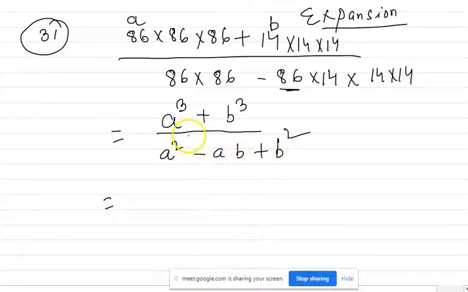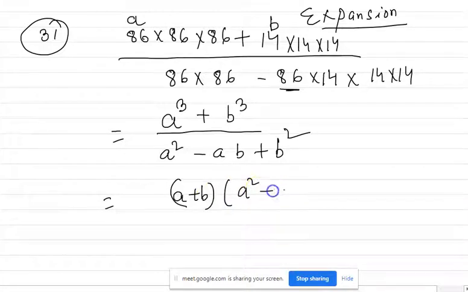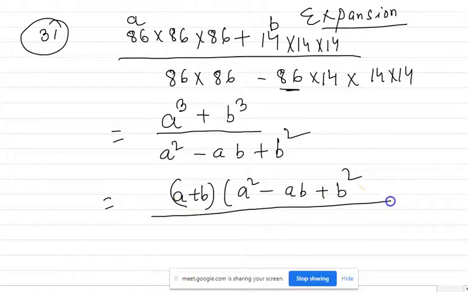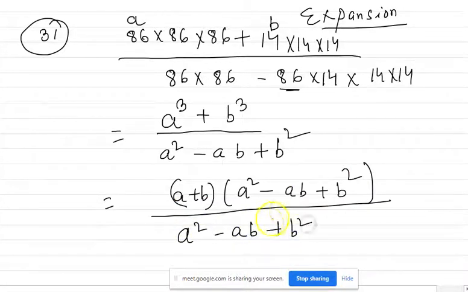Alright. Now A cube plus B cube gives A plus B into A square minus AB plus B square, by A square minus AB plus B square.